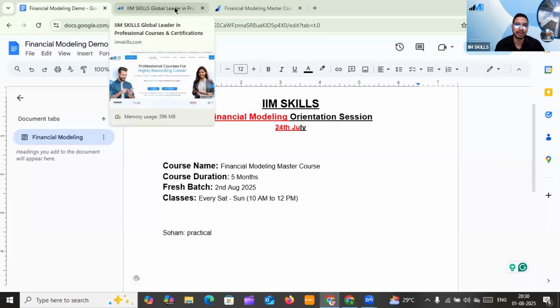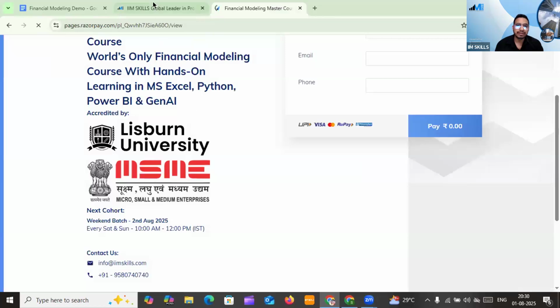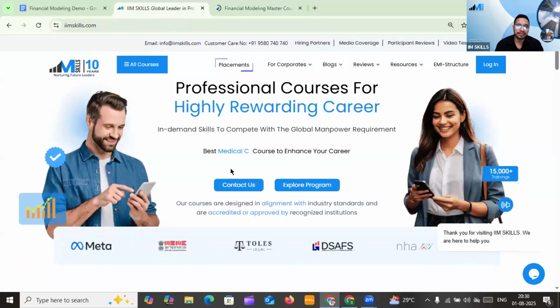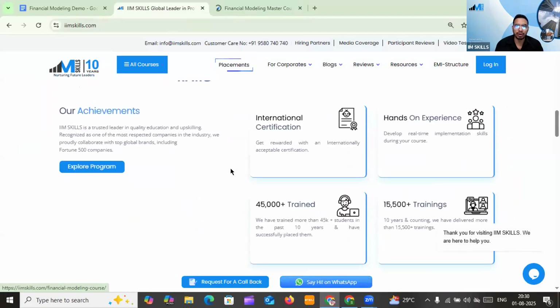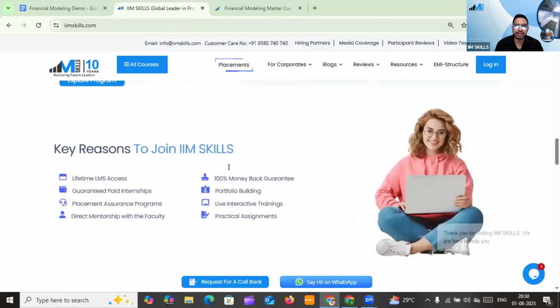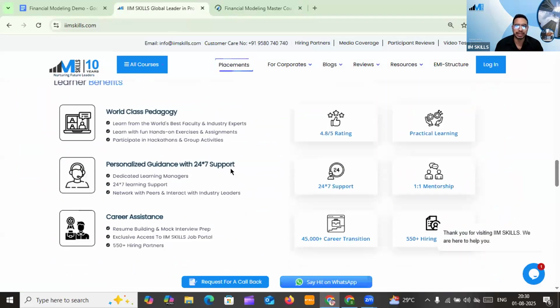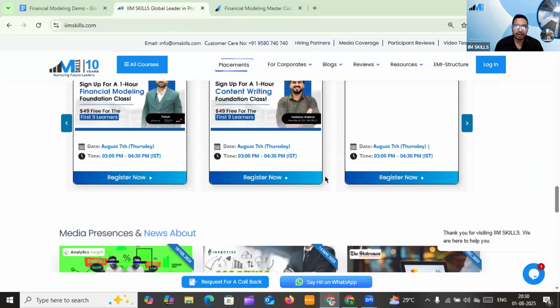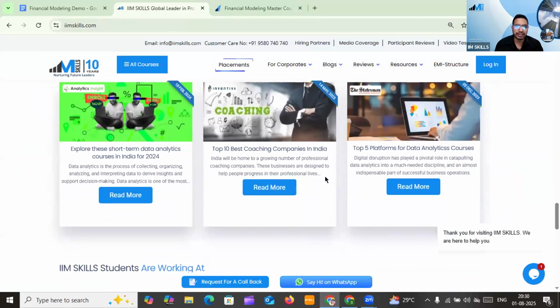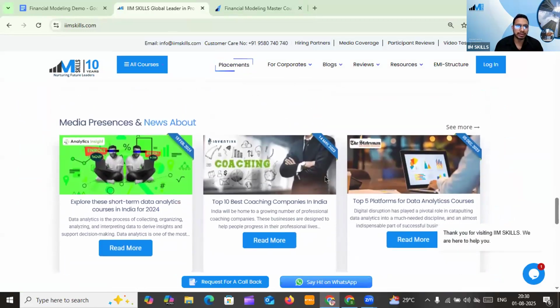I'll give you one example. Just give me a minute. So this is the IIM Skills financial modeling page. If you scroll down on this page, you will see the hands-on projects that I will be going through within this training program, because we have made a lot of changes to it.